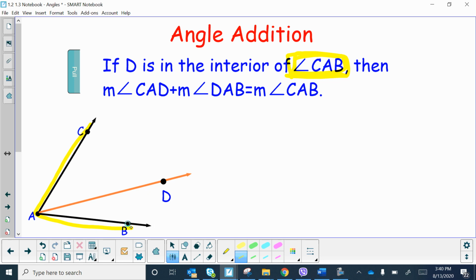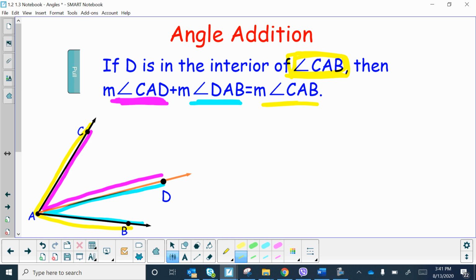And so if we add angle CAD, which is this angle here in pink, with angle DAB, then those two added together is going to equal angle CAB.